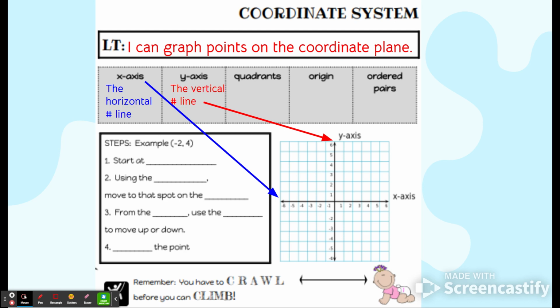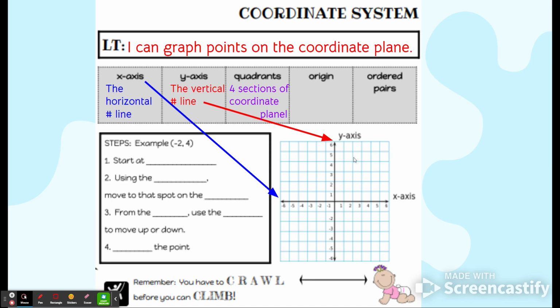And you'll notice when those two number lines intersect, it breaks the coordinate plane up into 4 pieces, right? And these are the 4 sections of the coordinate plane. And these 4 sections are labeled and named a little bit differently than you would think.